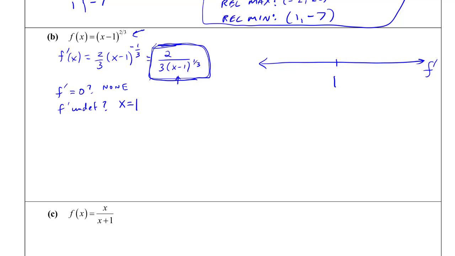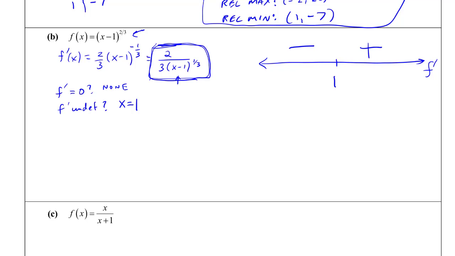The 0 minus 1 in the denominator is minus 1. Cube root is still negative, so you're going to get a negative there. If you plug in something bigger than 1, say 2, 2 minus 1 is a positive, and the cube root is still positive, so you're going to have positives there.